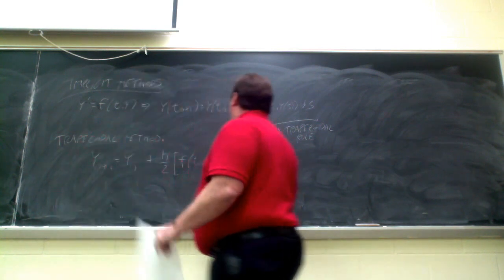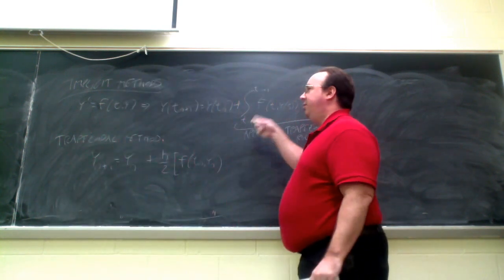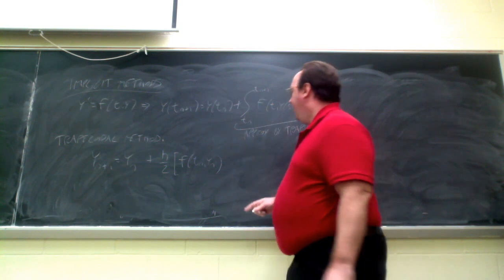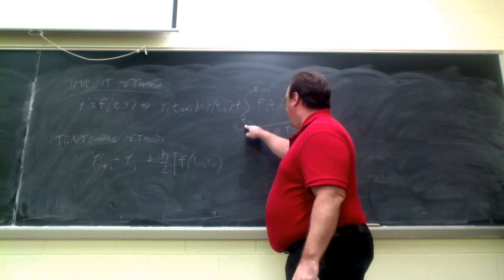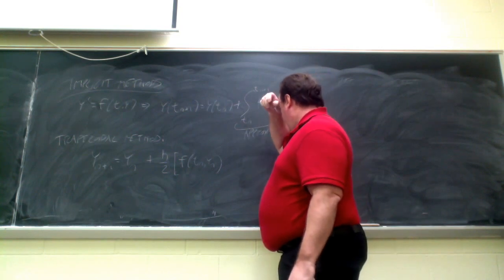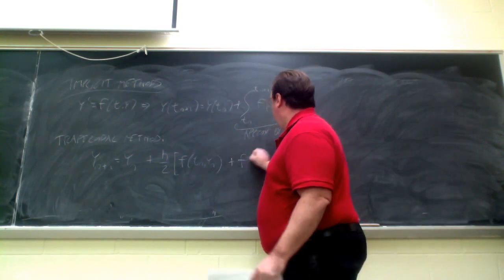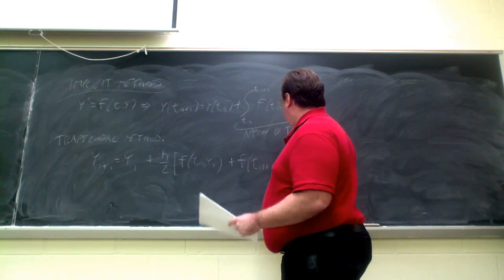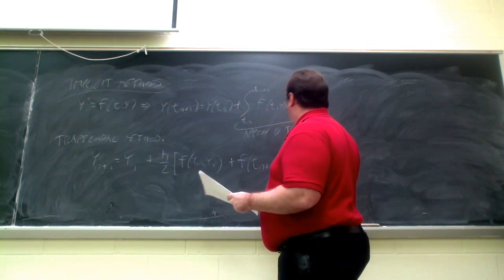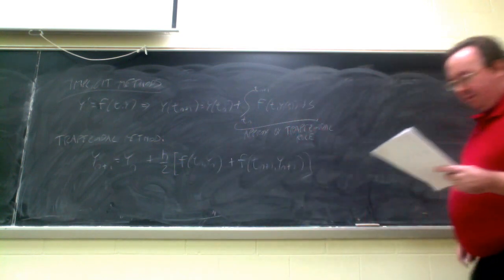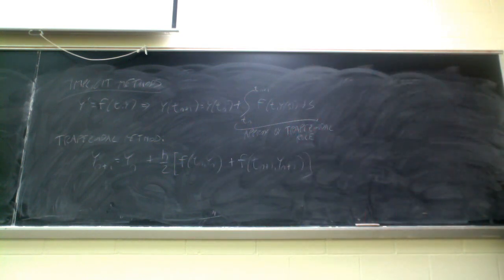So what's the trapezoidal method? You take the width of your interval, which is h, you divide it by 2, and then you have the heights at the beginning point and the ending point. That's the trapezoidal method.